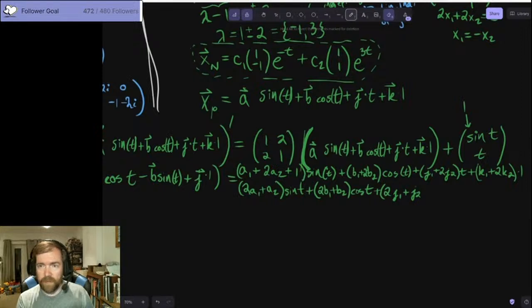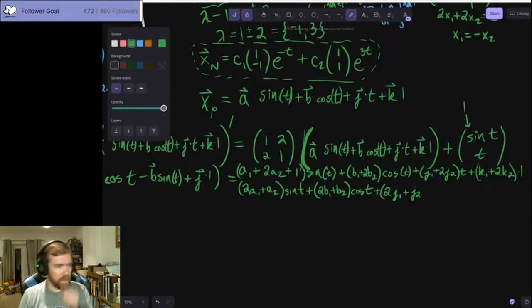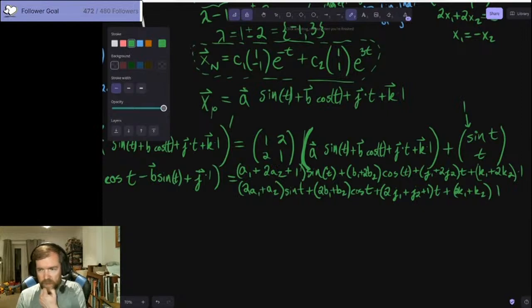We're inside of a vector. Plus j2, but now we've also got the t at the end, which is going to contribute a 1 as well. So that's plus 1 all times t, plus parentheses k, 2k1 plus k2 times 1. Same deal there.